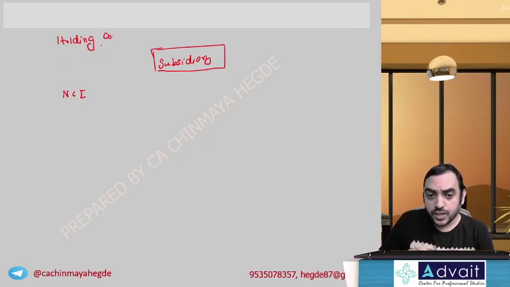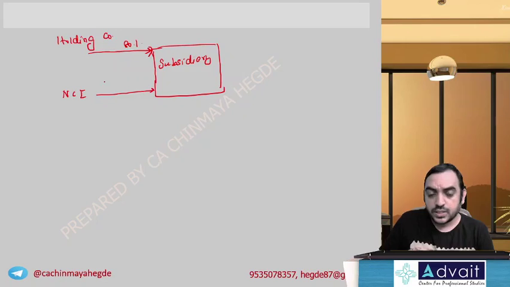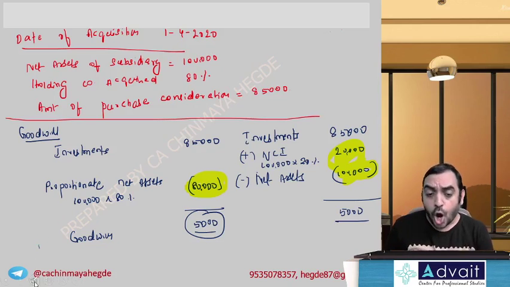In our example, the holding company has 80% and the outsiders have 20%. Now for the 80%, how much are we paying?